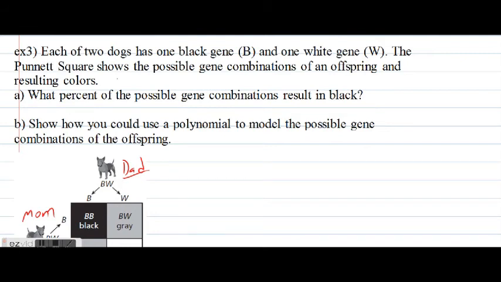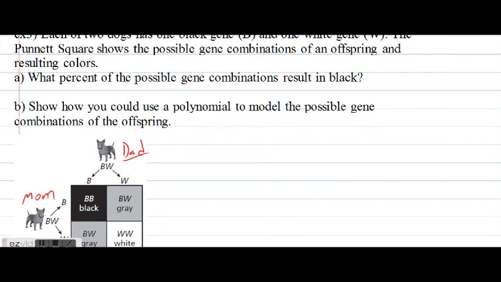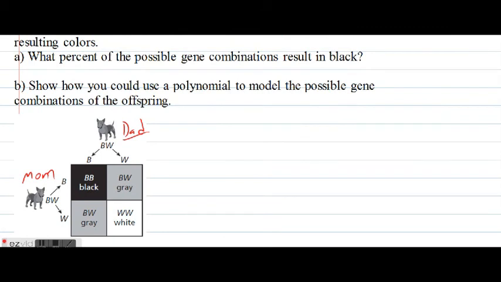First part A, is what percent of the possible gene combinations result in black? Well, if you look at it, there are 4 squares. Excuse the sloppy writing. There are 4 squares, and the black shows up in, I hope that red shows through, the black shows up in 1 out of the 4 squares.